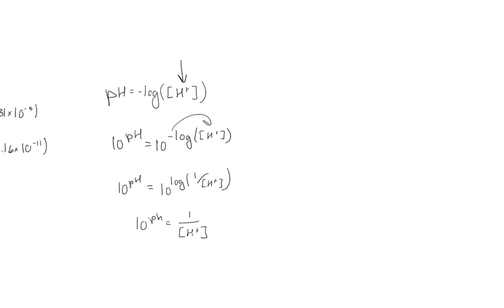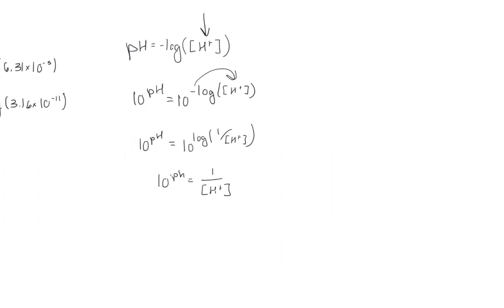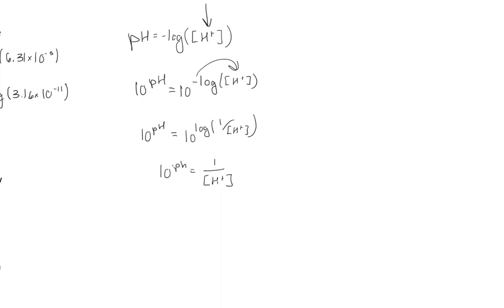And so if we bring the power in, we have log of H plus to the negative 1, which is equal to 1 over H plus. Now we can rearrange this by taking the reciprocal on both sides. That way we have H plus is equal to 1 over 10 to the pH.